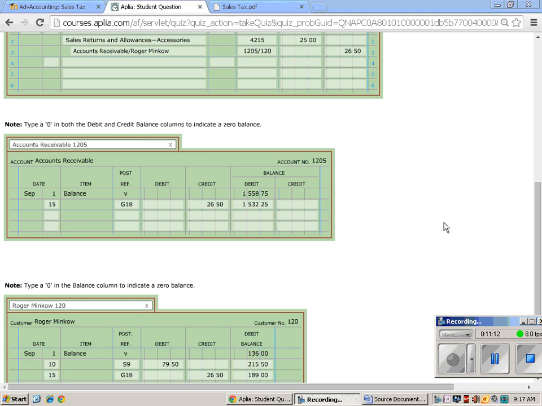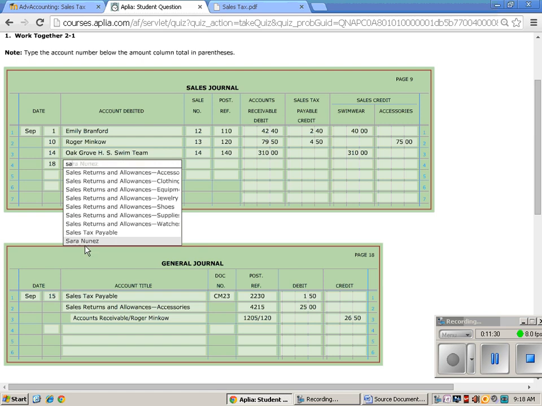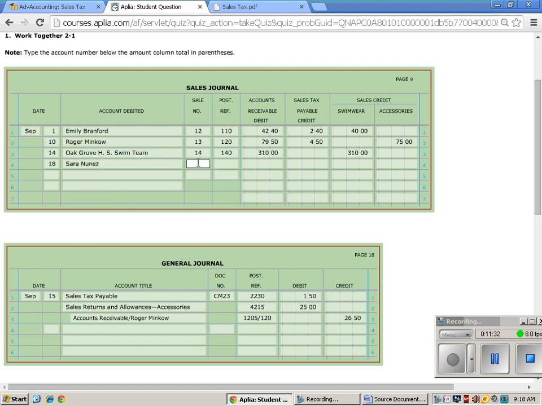All right, let's finish doing our journal transactions. So we're going back up top here. It says on the 18th, we sold a beach towel to Sarah Nunez for $15 plus sales tax, S15. So we sold one beach towel on the 18th. We sold it to Sarah. Our sales invoice number is S15.